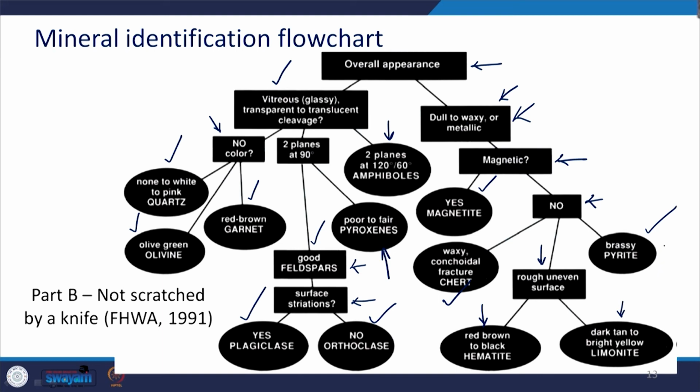Okay. So, you have these flow charts. Using these flow charts, follow each and every step that has been given, starting from the top and going along the branches, and you will be able to identify various minerals.